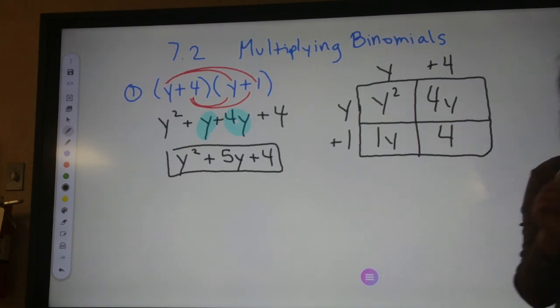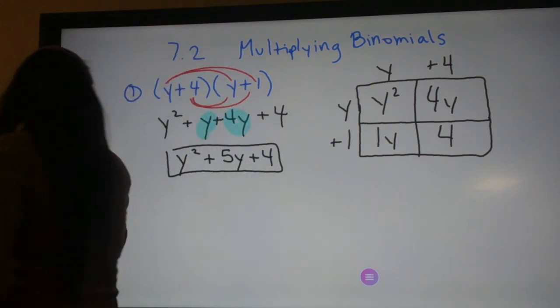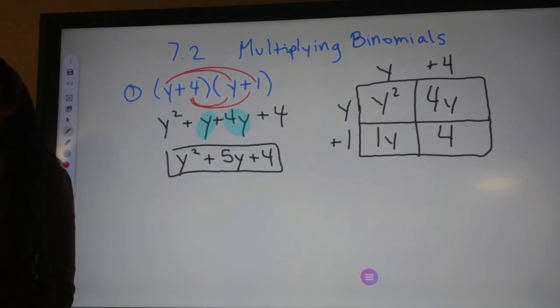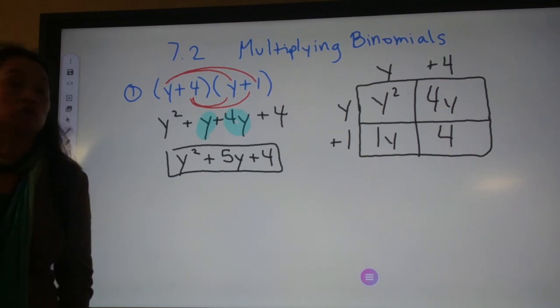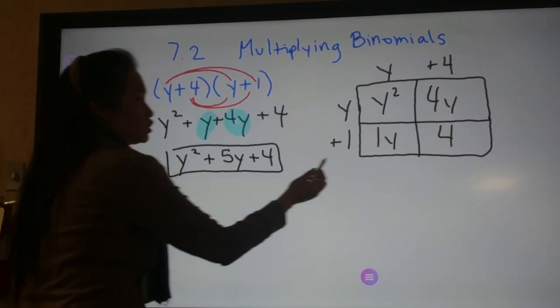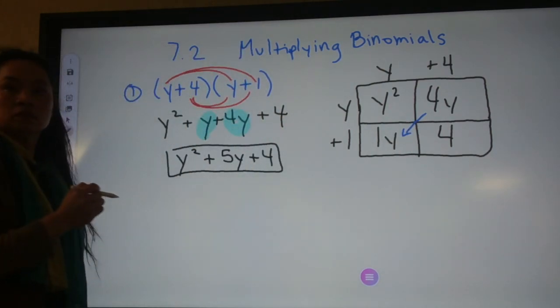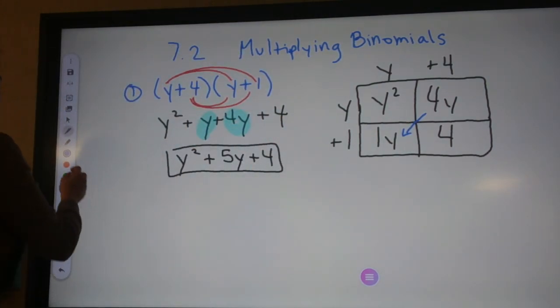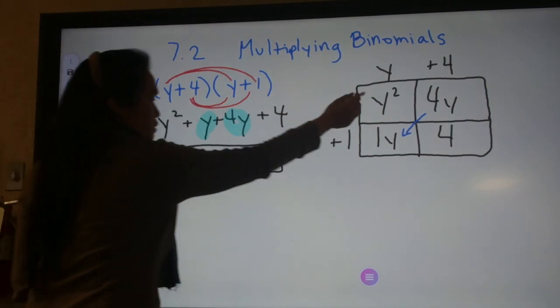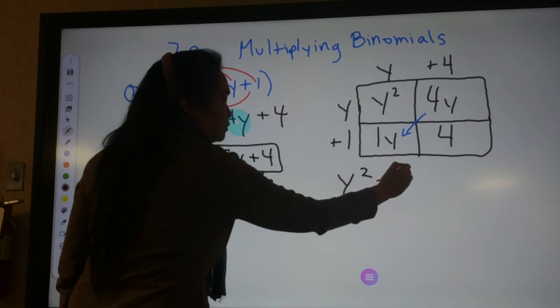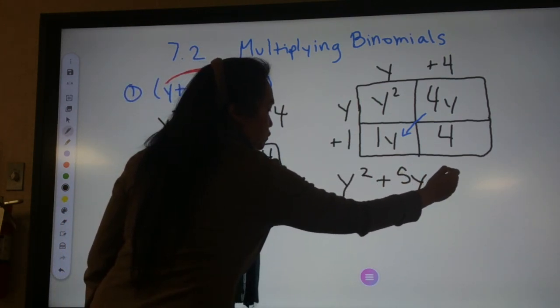And this becomes very, very helpful when it's a trinomial times a trinomial. It's going to get really confusing, especially in Algebra 2. Here's where you collect like terms. If you notice, it's diagonals. Those are your like terms. So, y squared plus 5y plus 4.